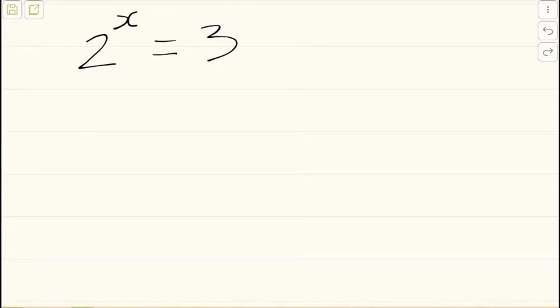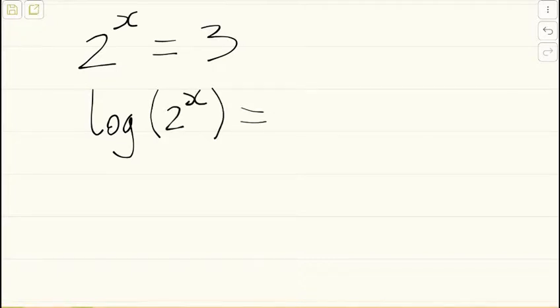It can actually be any log, but just to be consistent, I'm going to say this. Remember, when you see log on its own, that means log to the base 10. Okay, so I have log of 2 to the x equals log of 3. All I've done is just taken log of both sides.